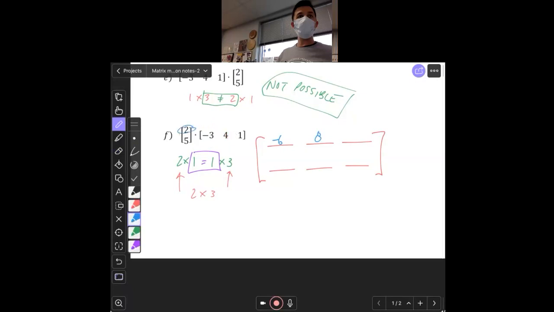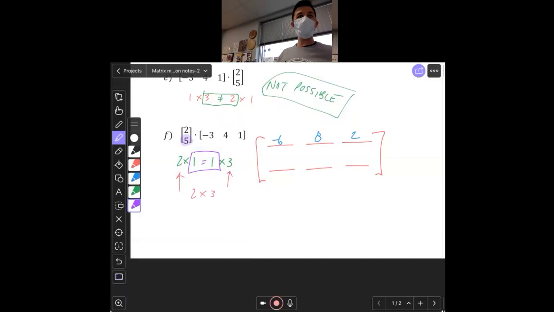So 2 times 1, which of course is 2. So that's that whole row times all of the columns. I don't have any additions to do here. And since that top row is now filled in my work matrix, that means I slide to the next row of my first matrix.